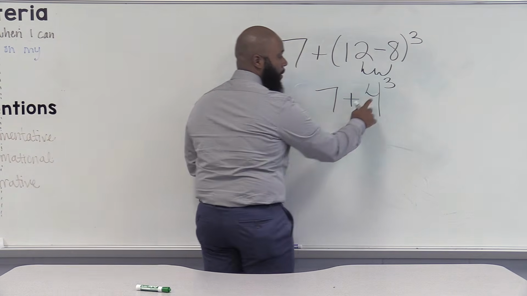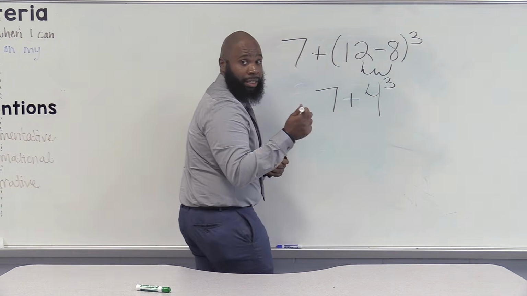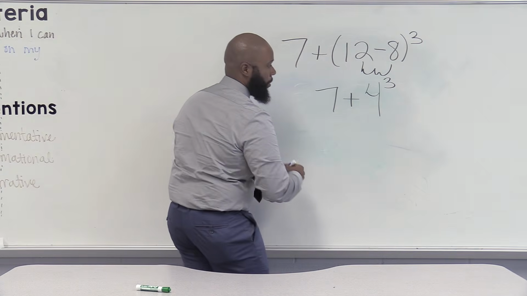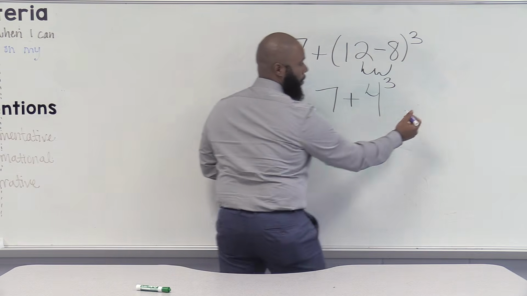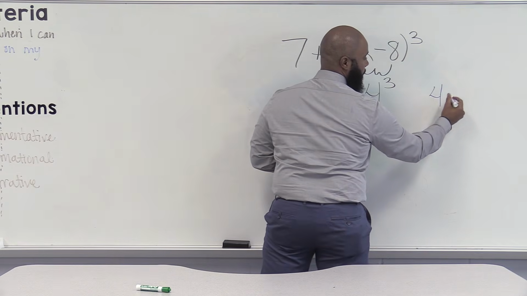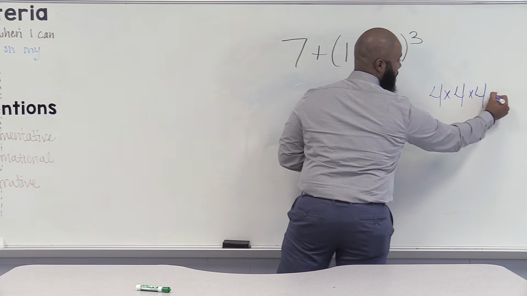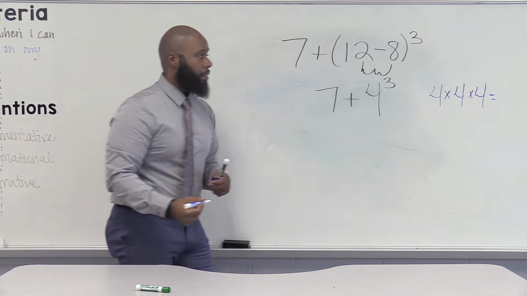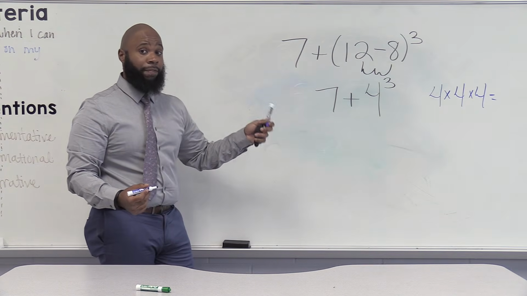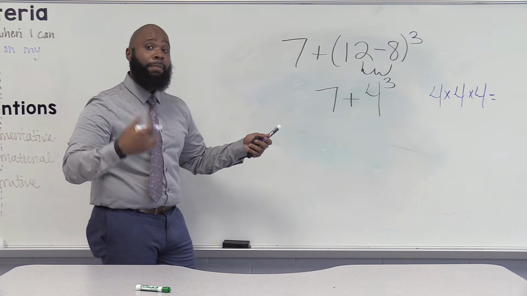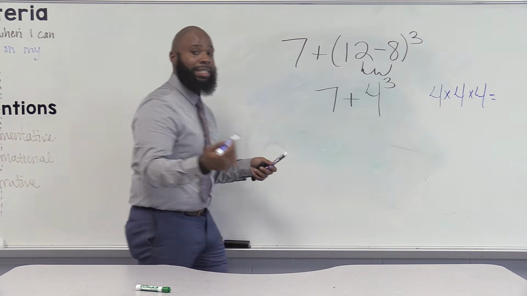So I know that 4 cubed is 4 times 4 times 4. I'm going to write this in a different color. So 4 times 4 is going to give me what? 16 times 4 is going to give me 64.